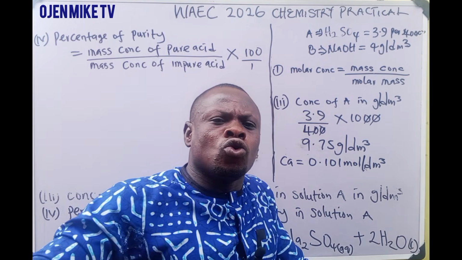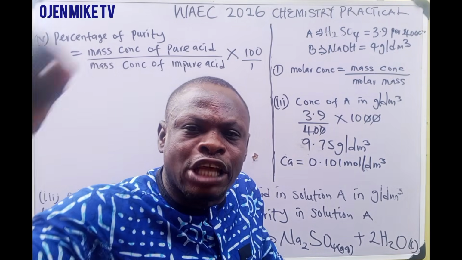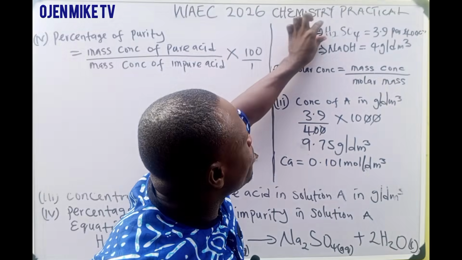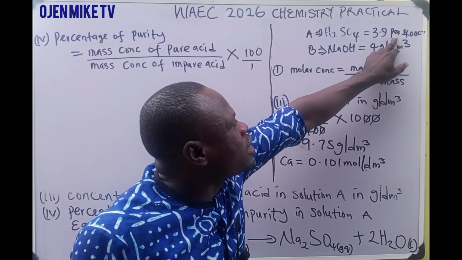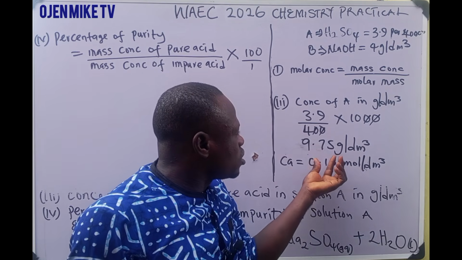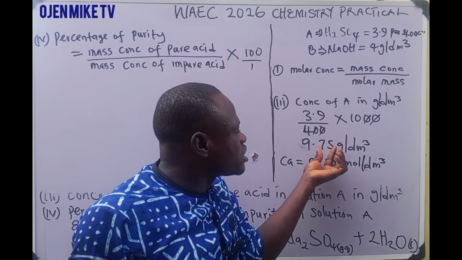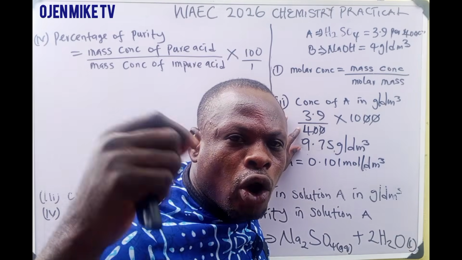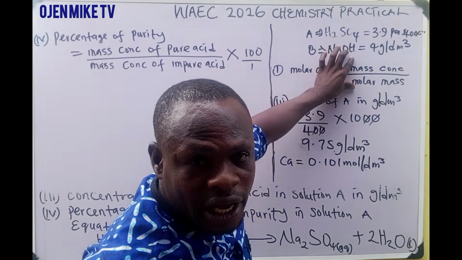Now the one of the impure acid is the one that you are asked to calculate using what? This formula. So here the mass concentration given here is gram per cm3, but we now change it to what? To dm3, and we have 9.75. This is the one of pure acid. How do we get the one of impure acid? You use this formula.